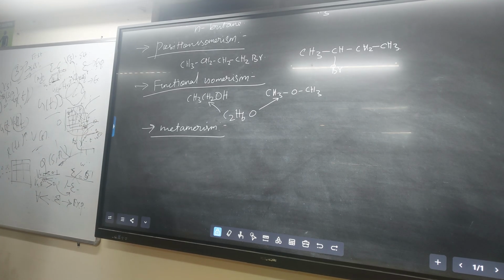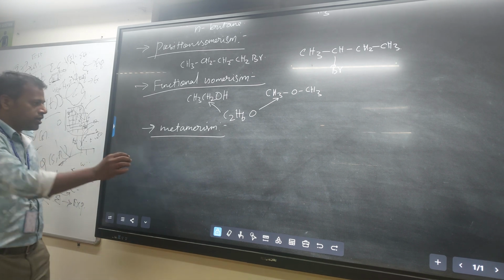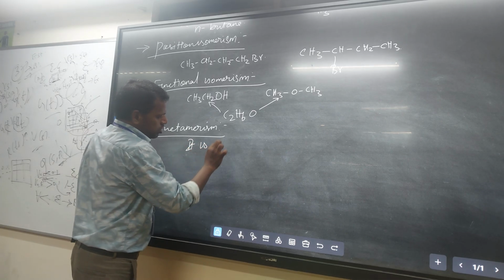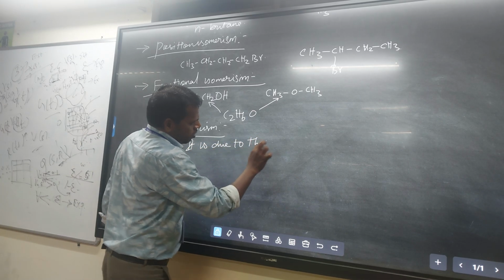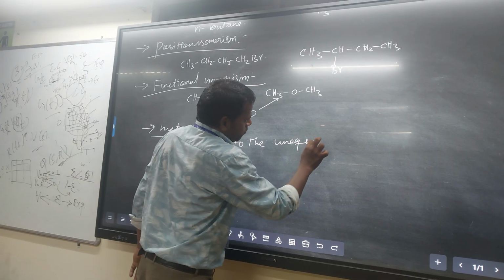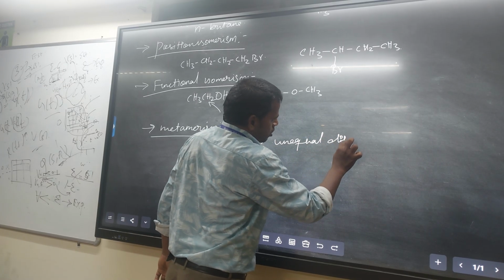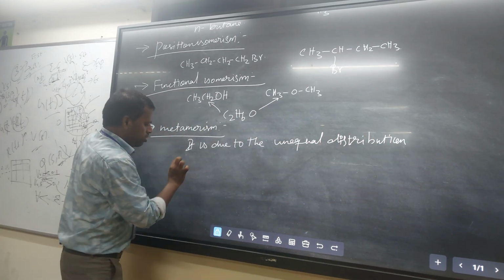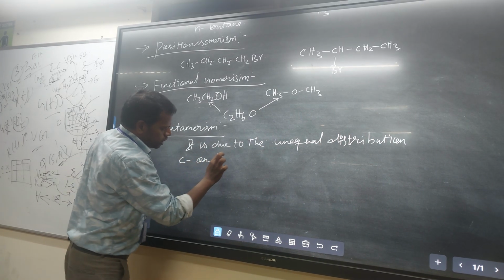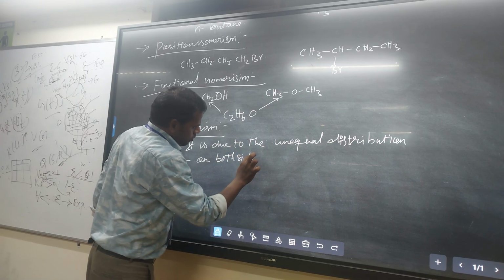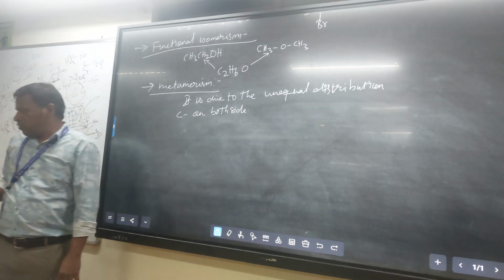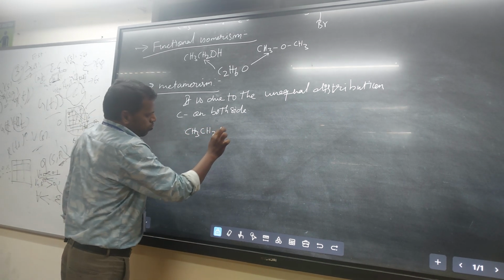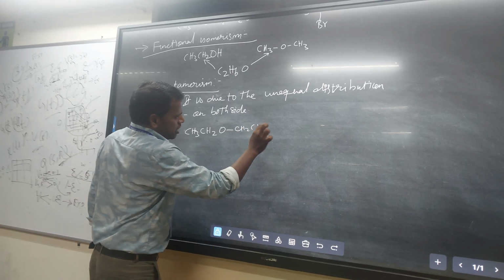This type of isomerism is due to the unequal distribution of carbon atoms on both sides. For example, maybe CH3, CH2, O, CH2, CH3.